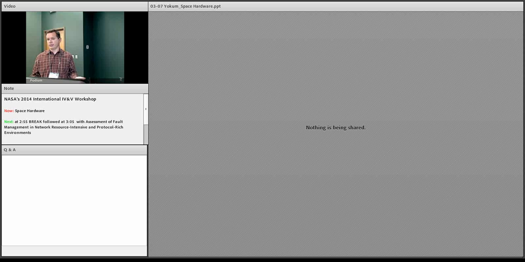So the big thing is the RAD 750. Obviously, this is kind of the de facto COTS board, if you will, for NASA missions. There's kind of two standards for the RAD 750, the 3U and the 6U. There's some variants within that, but those are the two big trees of the RAD 750, the 6U and 3U size single board computers.